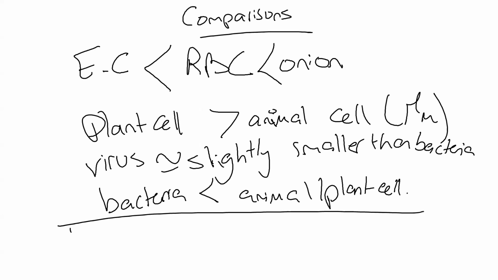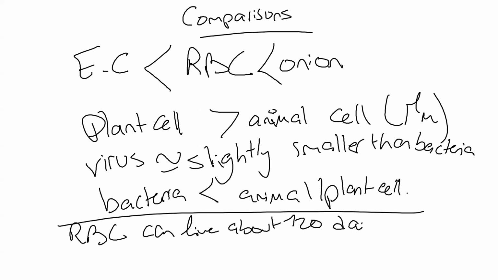Red blood cells can live about 120 days. White blood cells can live from 12 to 20 days.